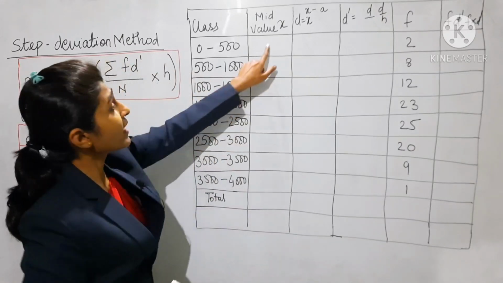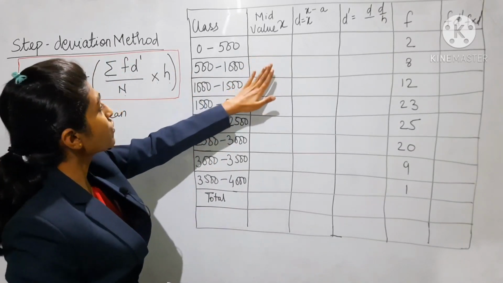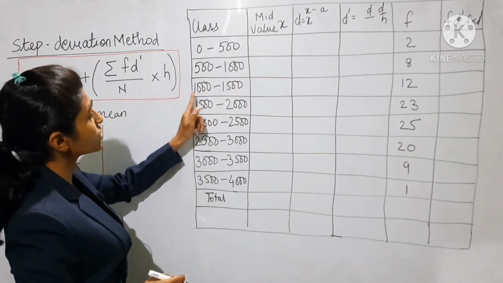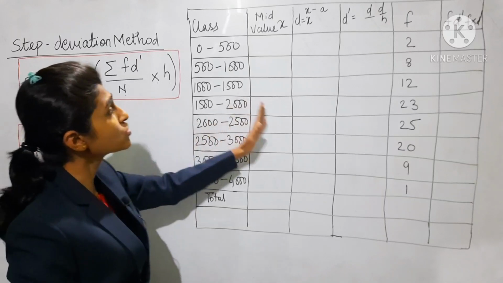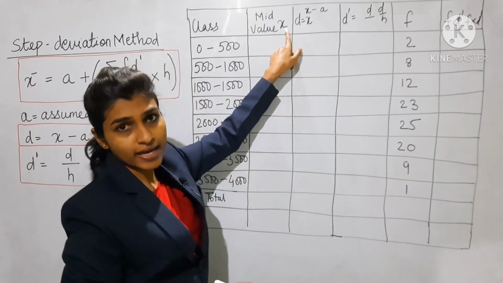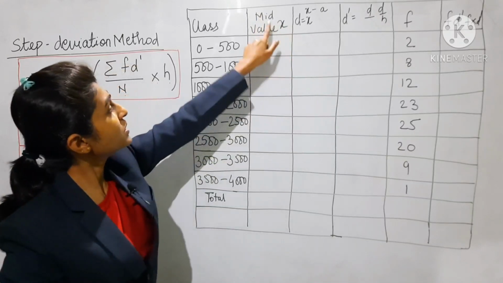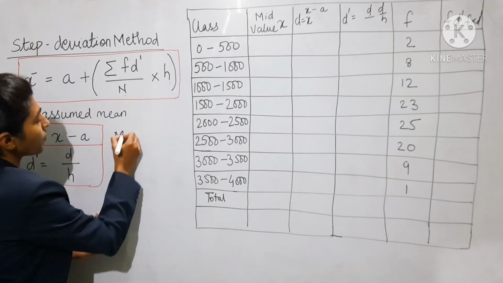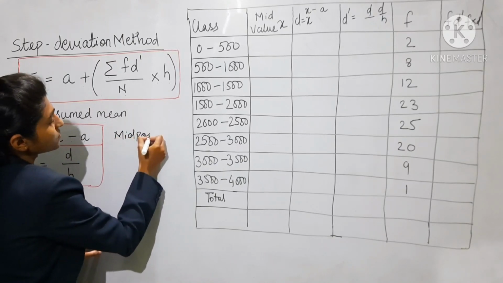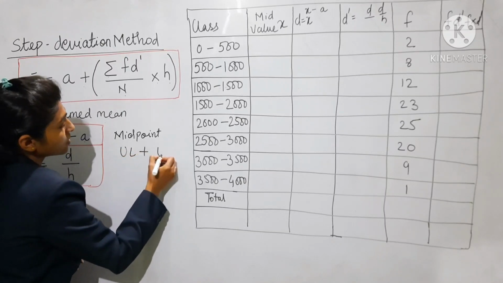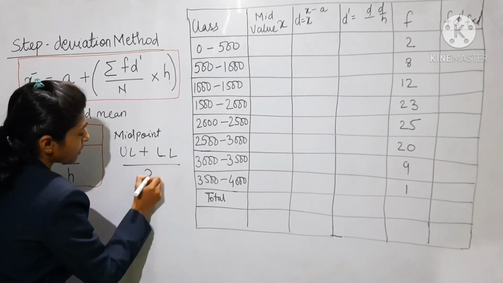Now why are we finding the mid value? Just try to understand, because the classes are given like 500 to 1000, 1000 to 1500, so there is no single observation. So for that we are finding X, which means the mid value. To find the mid value or midpoint: upper limit plus lower limit divided by 2.